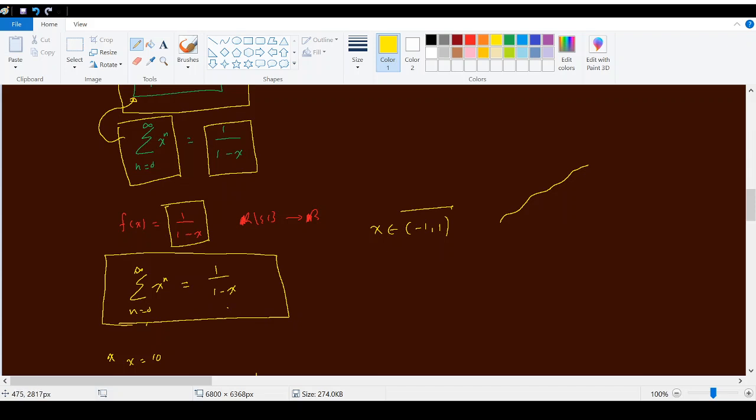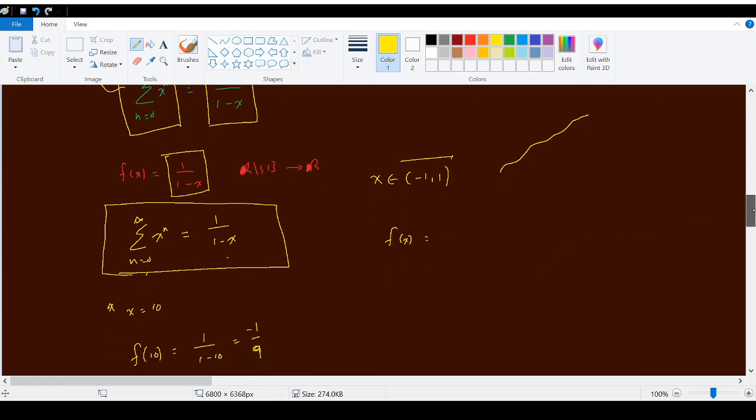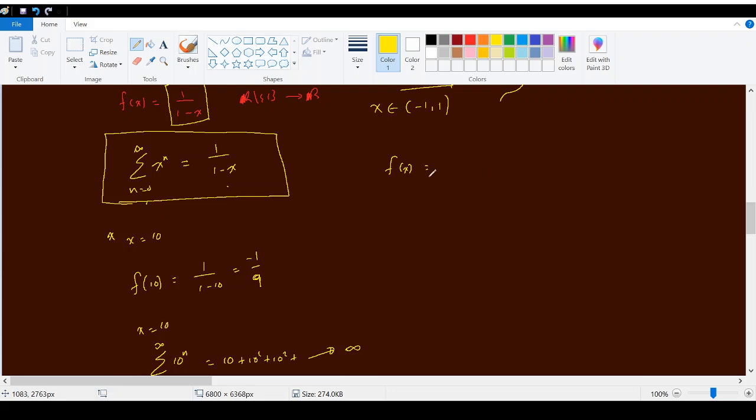So now you have to keep in mind that the power series will behave as a function within the interval of convergence. And there's another important thing that you should memorize, that is this equation, right? This is a very important basic equation that you have to have in mind, okay?